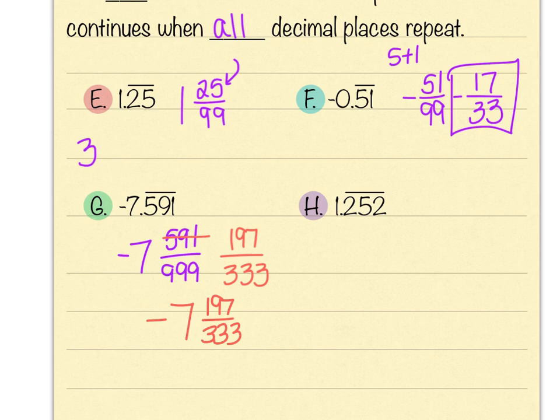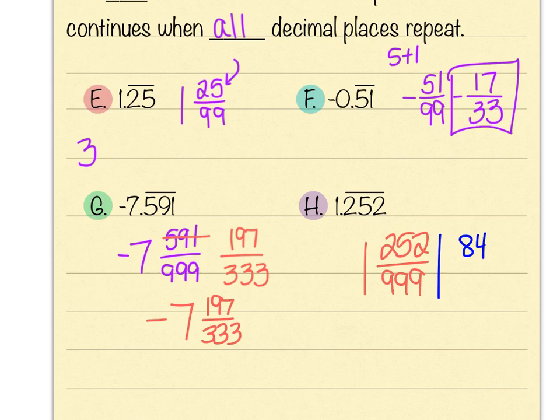And then the last one here, we've got 1 as our whole number, and then 252 over, again, 999, because it's a repeating decimal, and there's 3 repeating decimal places. The 2 and the 5 make 7. 7 plus 2 is 9. 3 will go into here, so we can reduce again. 3 goes into 252 84 times.